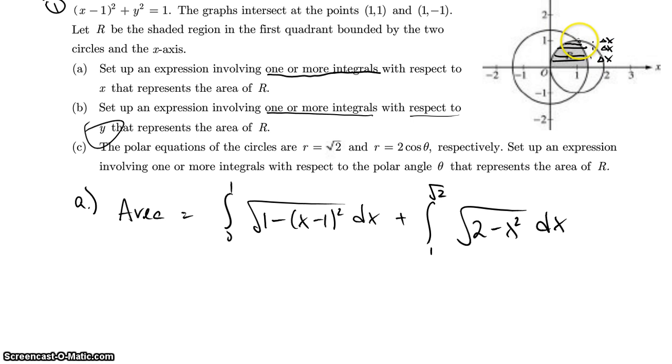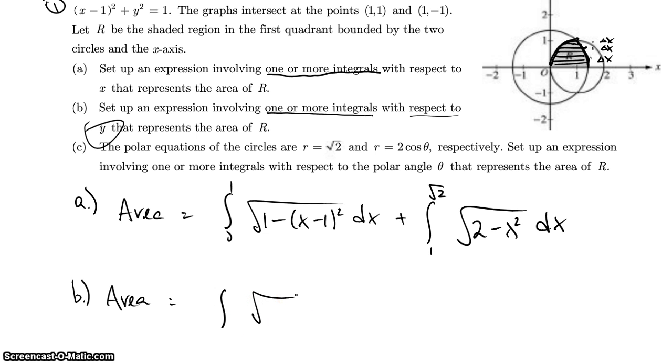You can see it's definitely from here, which is the bigger circle minus the smaller circle, in terms of the y value. So same thing, we isolate x this time from both of the equations, the bigger one minus the smaller one, and it's an integral from somewhere to somewhere.